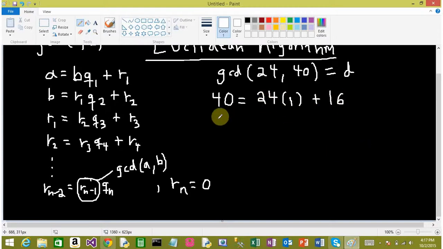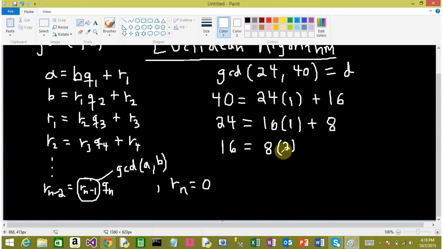And then we're going to take the 24 and put it over here. That's going to equal 16, the remainder, times 1, since 16 goes into 24 one time, and then plus 8, that's our remainder. Then we'll bring 16 down: 16 equals 8 times 2, since 8 goes into 16 two times. 8 times 2 is 16, so there's no remainder, and we can stop.